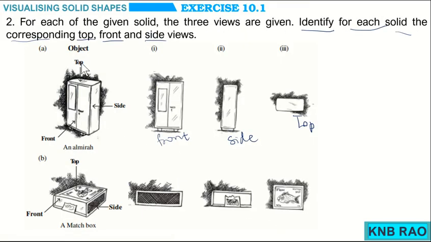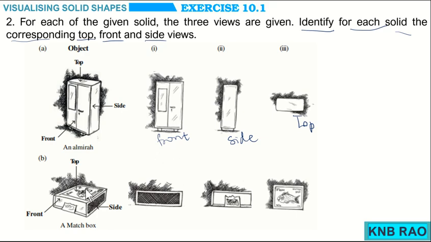Then I gave you question number 2 also as a homework for you, whereas we are given first and second and third numbered views for each object, such as an almirah, front view, side view and top view. For the rest of the things you need to express.